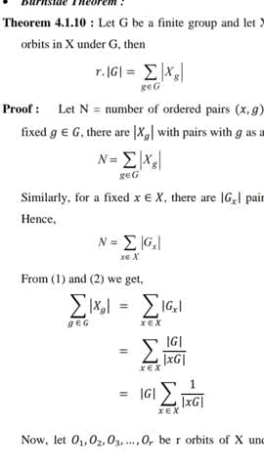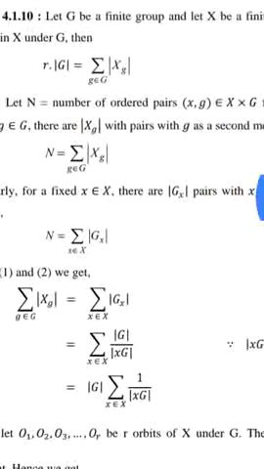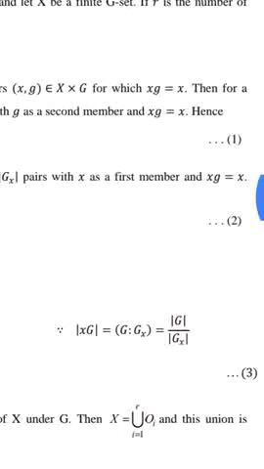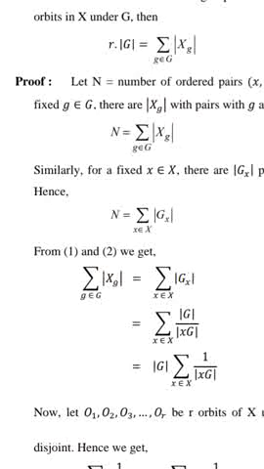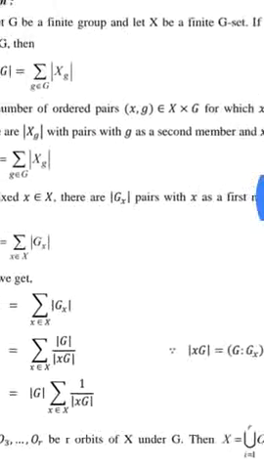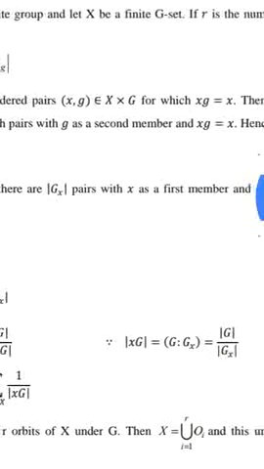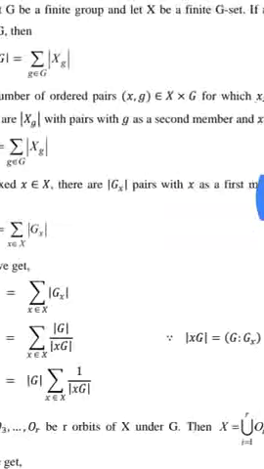For the proof, let n be the number of ordered pairs (g, x) belonging to G cross X such that gx is equal to x. Then for a fixed g belonging to G, there are |X_g| pairs with g as the first member and gx equal to x.